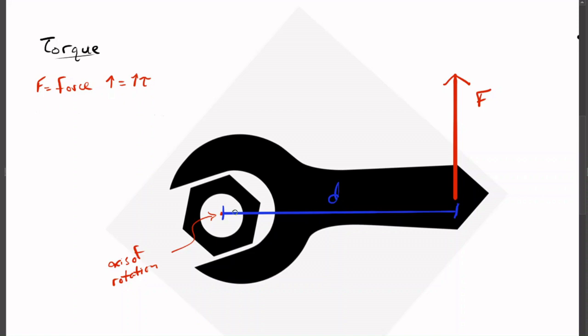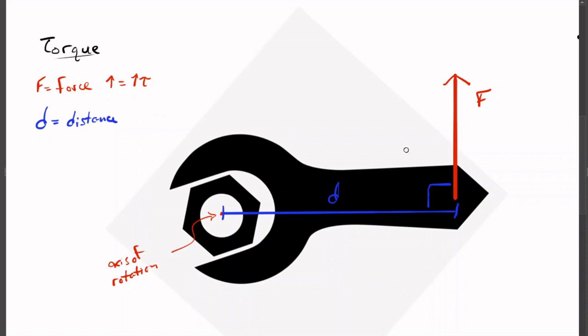It's the distance between the axis of rotation and the force. For right now, we're just going to call that the distance. We're going to have a better term for that in just a few minutes because when this is at a right angle, there's a special name for it. For the moment, I'm going to leave that labeled d.